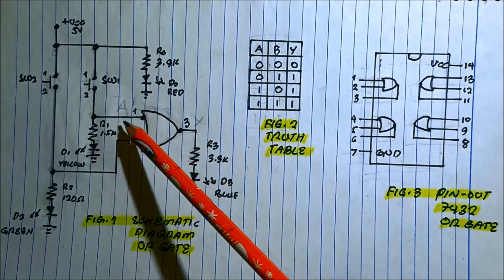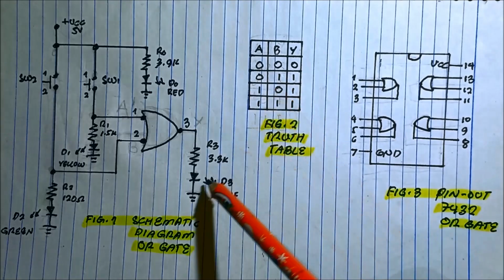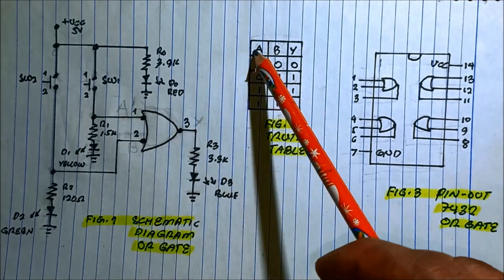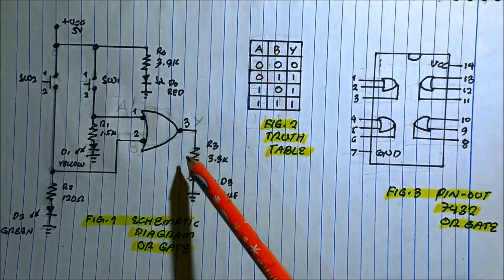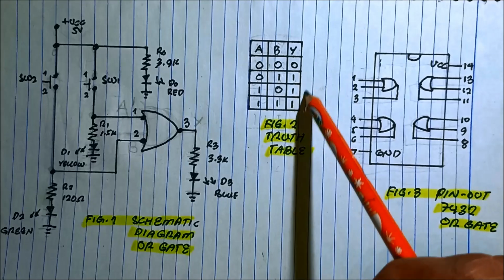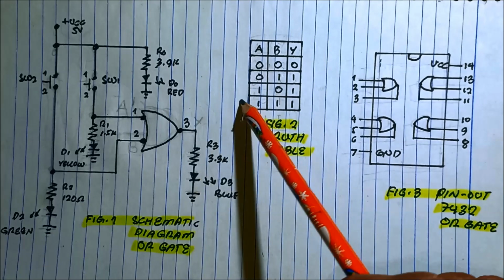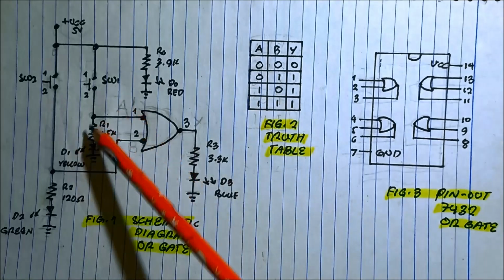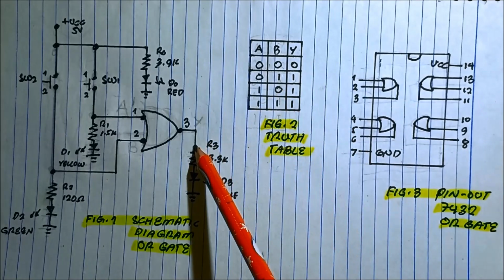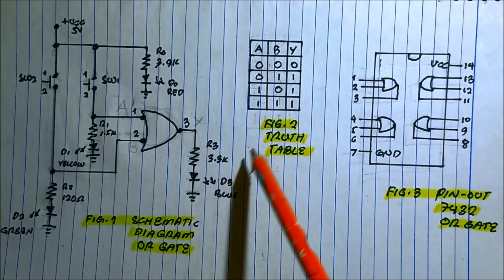With the 2 switches, at least one of the inputs turns on. It could be switch 1 or switch 2, A or B. The output turns on. Or both of them, when we press both switches, it will turn on the output. So in that case, that kind of switching circuit is called an OR gate.